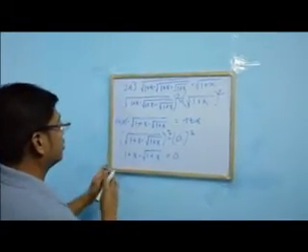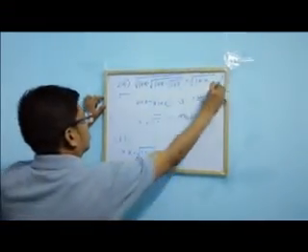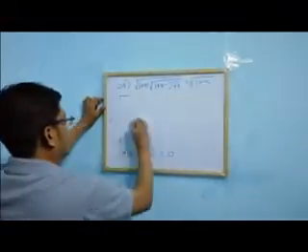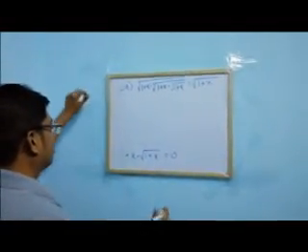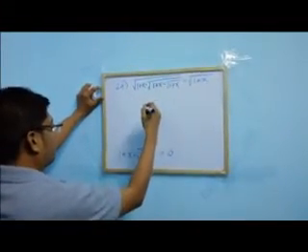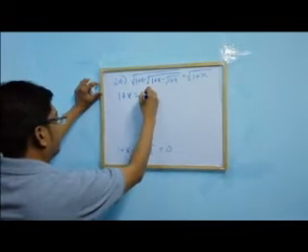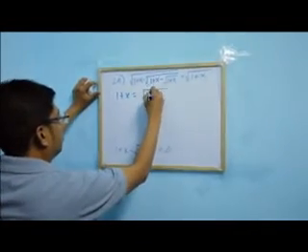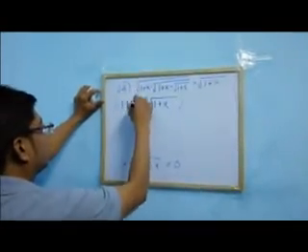Then transpose: 1 plus x equal to the square root of 1 plus x, squared again.